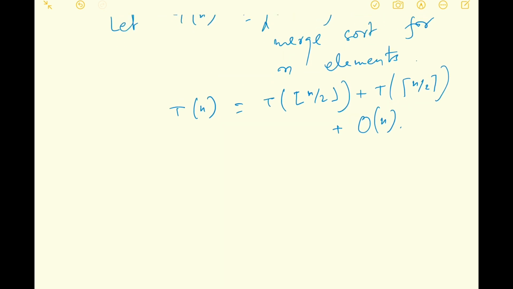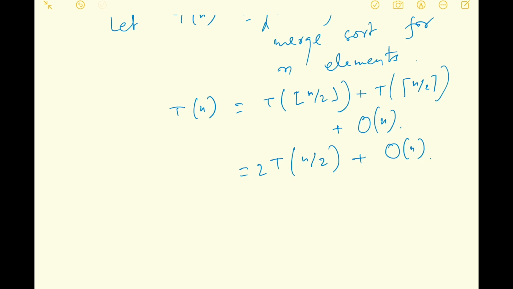Now for the time being, let us ignore the ceilings and floors, and replace both ceiling of n by 2 and floor of n by 2 with n by 2. So this becomes 2t n by 2 plus big O of n.